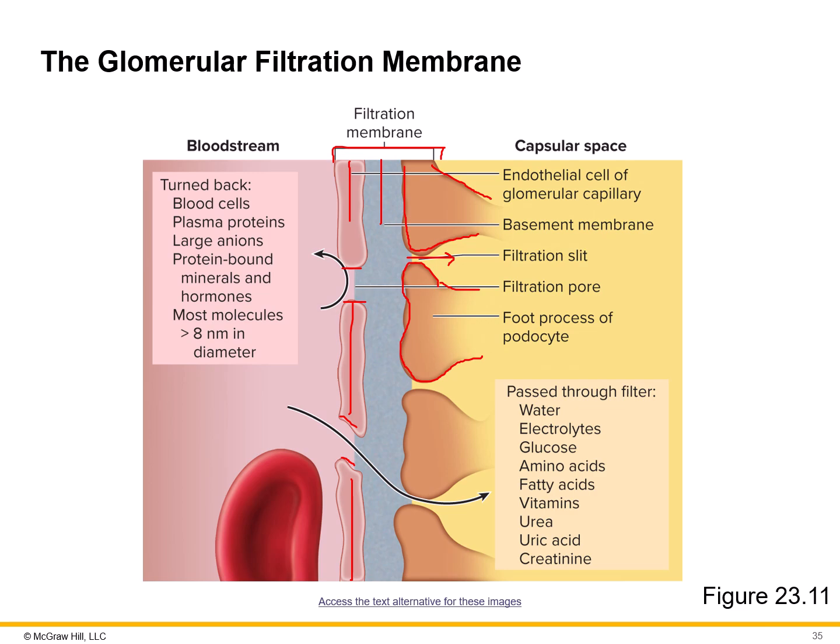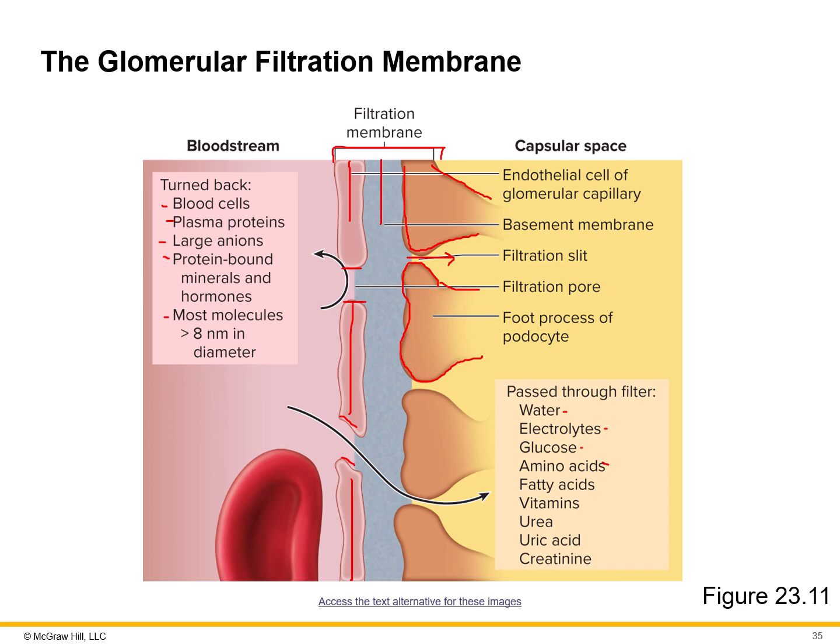The big stuff that's turned back, that's your blood, plasma proteins like albumin because of that negative charge on the basement membrane, large anions, anything that's protein bound, so like protein bound calcium, for example, anything that's greater than 8 nanometers. The stuff that can get through: water, electrolytes, that's ions, again, sodium, for example, calcium that's not bound to a protein.